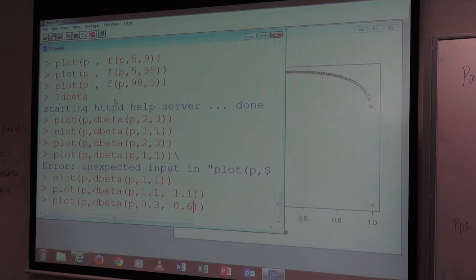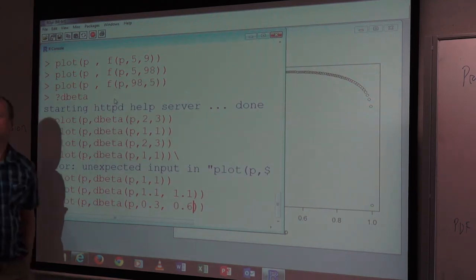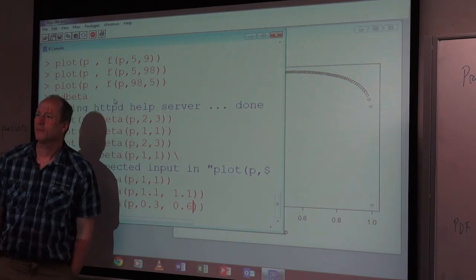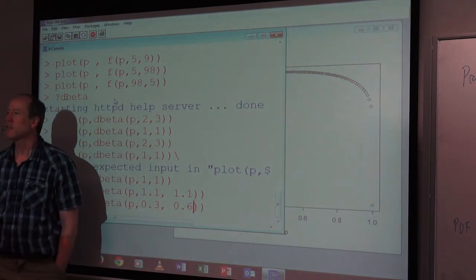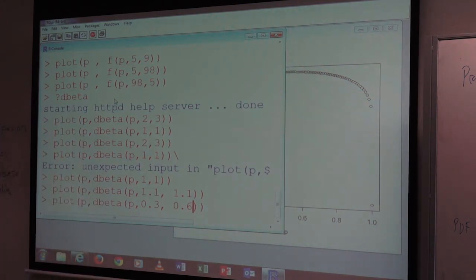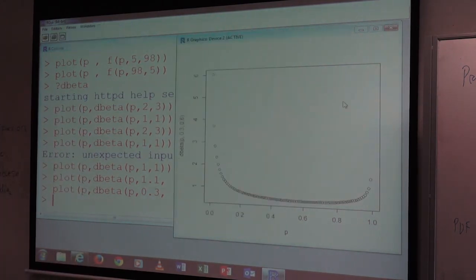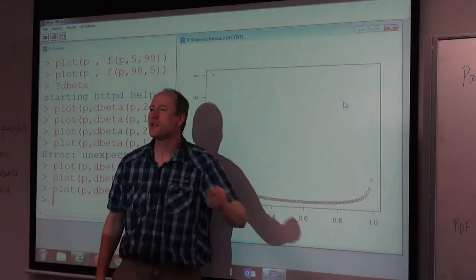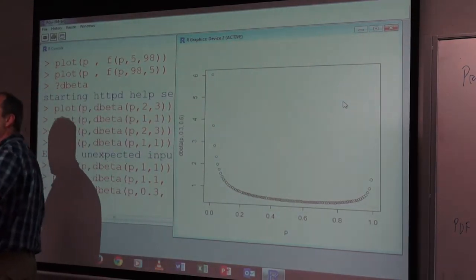What do you think is going to happen? What does this say? What a person who gives you this as a prior, what are they saying?